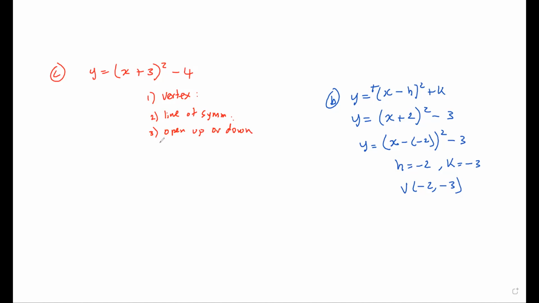We'll have the graph as well. What else? Oh, minimum or maximum point. So try to answer these things here, and draw a graph there. Okay, so try that for a minute and then see how you go.